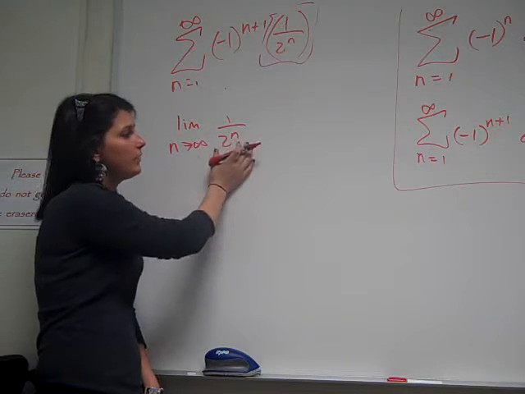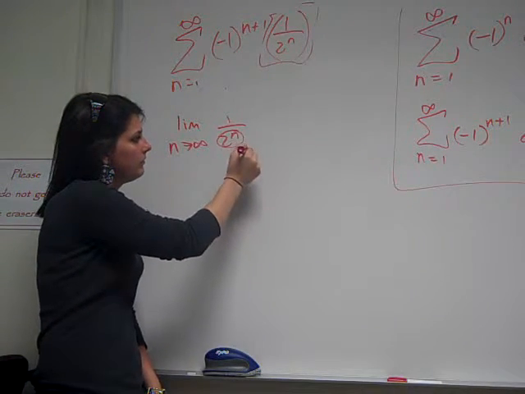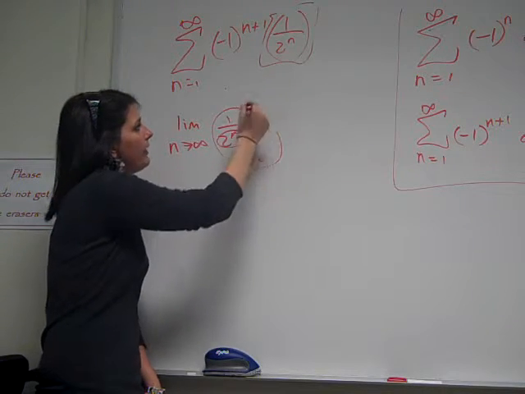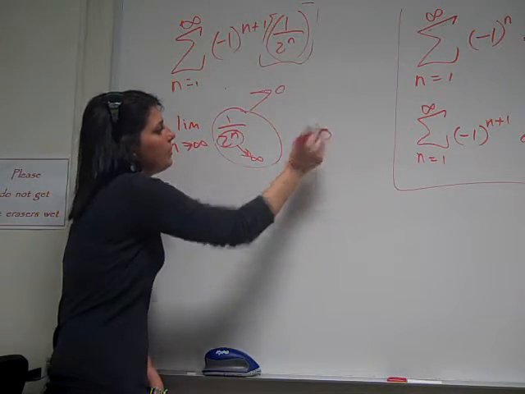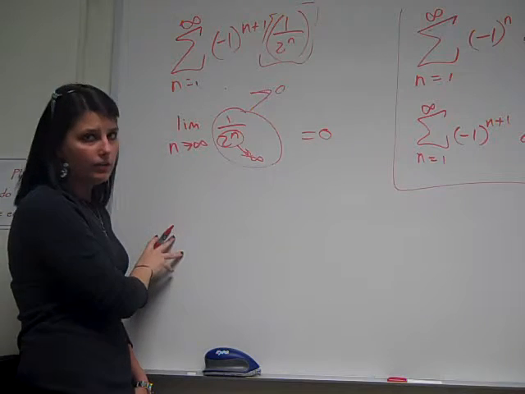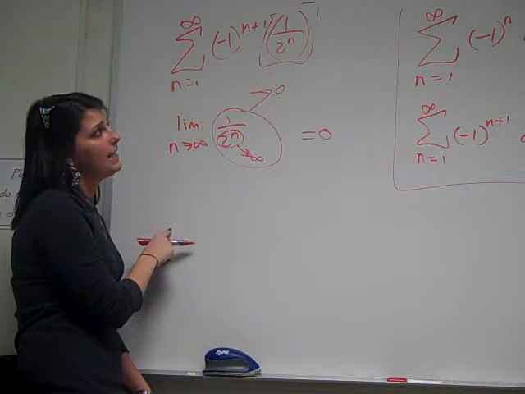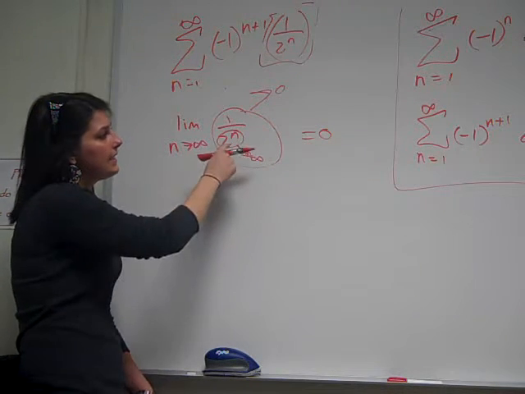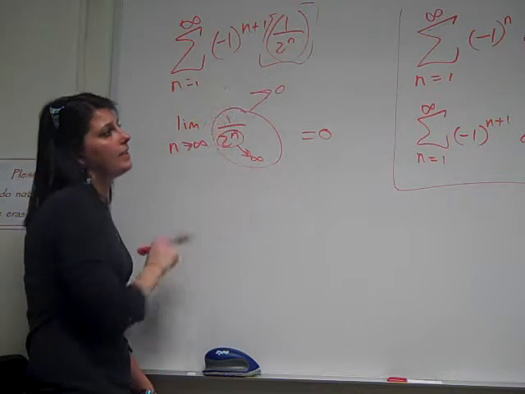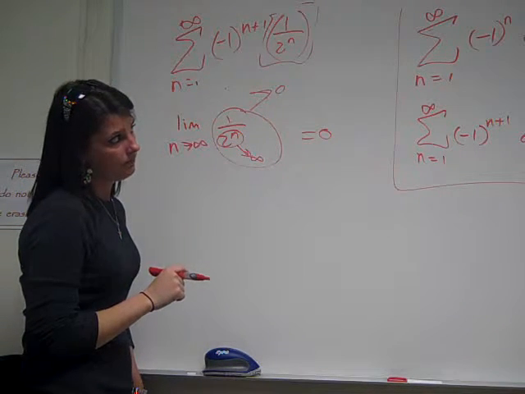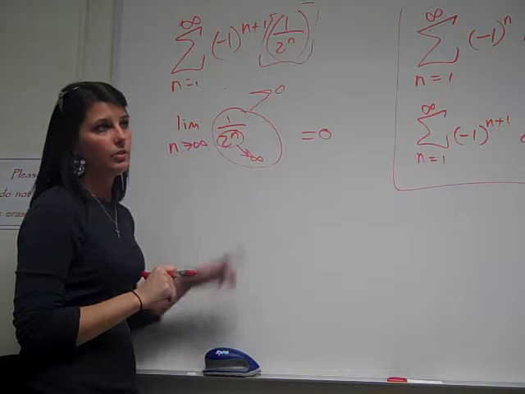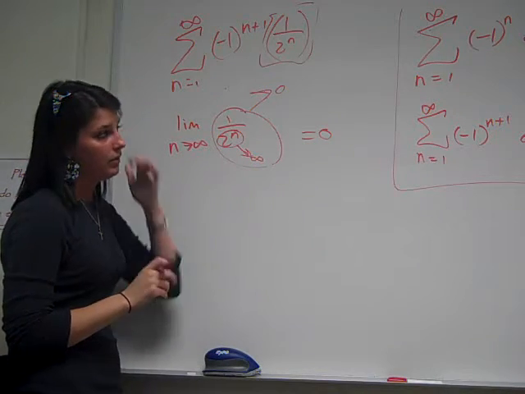It is 0, because the bottom's going to infinity. So the whole thing goes to 0. So this is 0. So by the alternating series test, we can see that since this converges, then our alternating series itself converges. We good? So either test worked on this one.